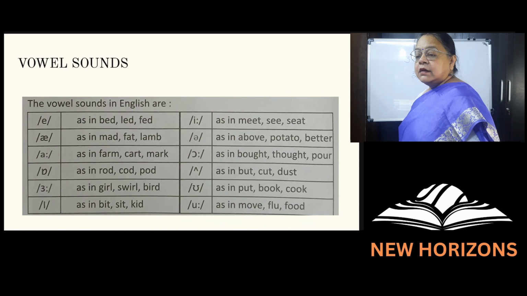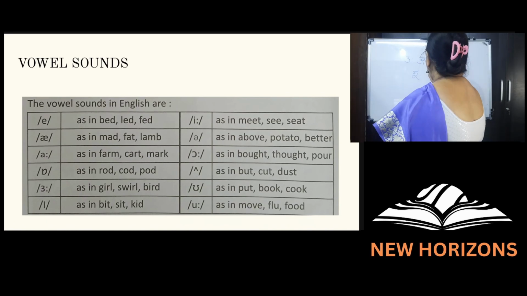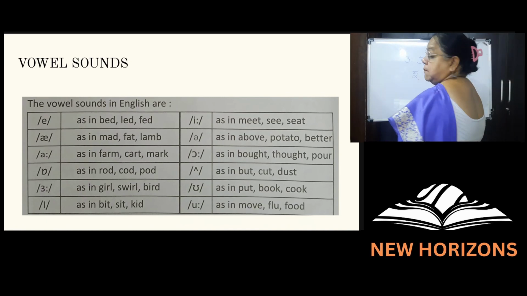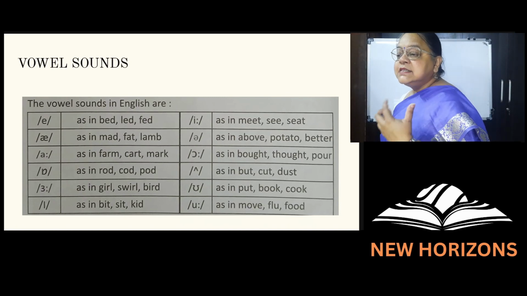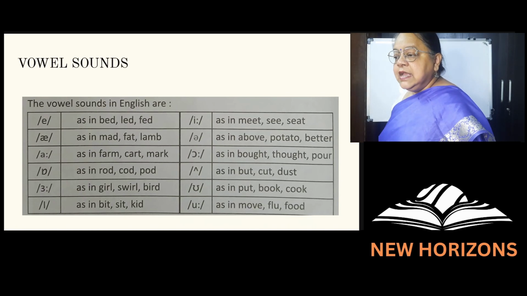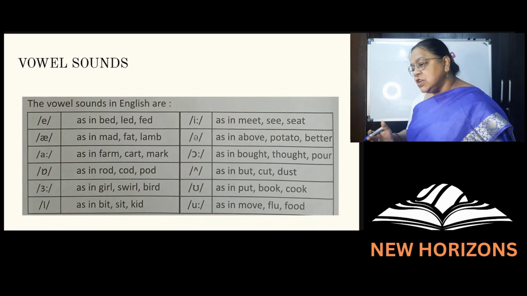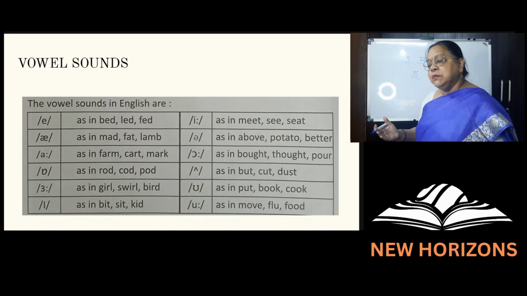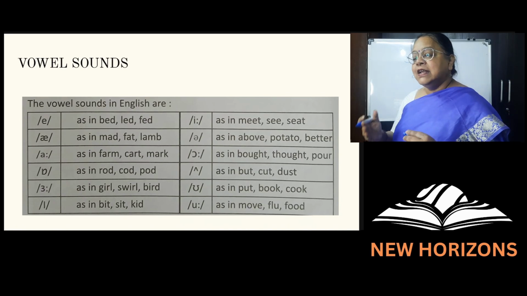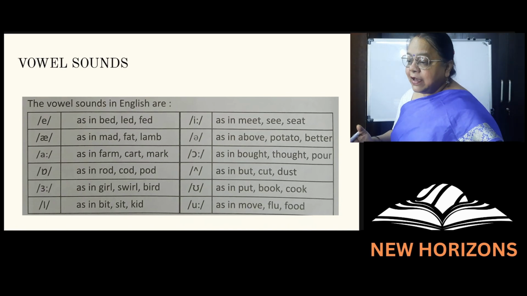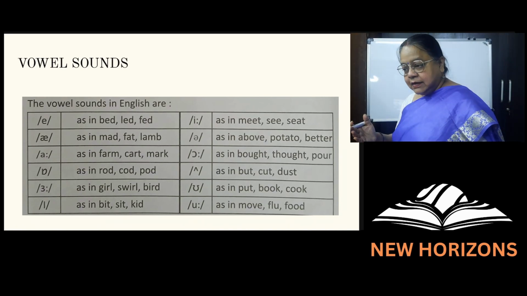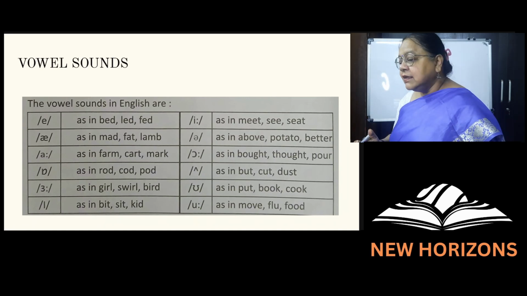The next one, the symbol I with two dots, is badi E: meat, see, seat. So can you see, children, that all these symbols are somehow related to the Hindi language that you're studying in school, isn't it?